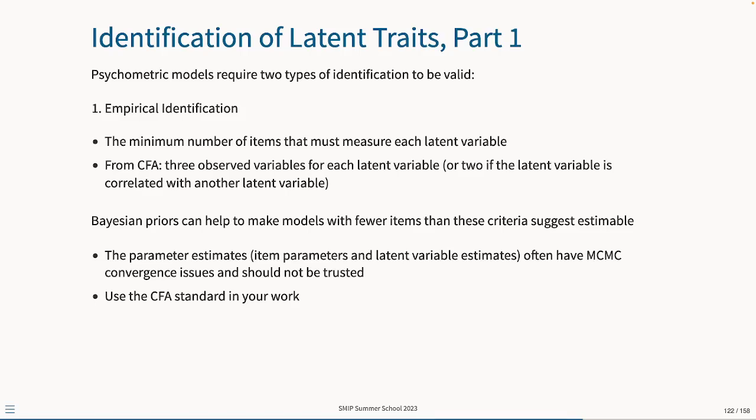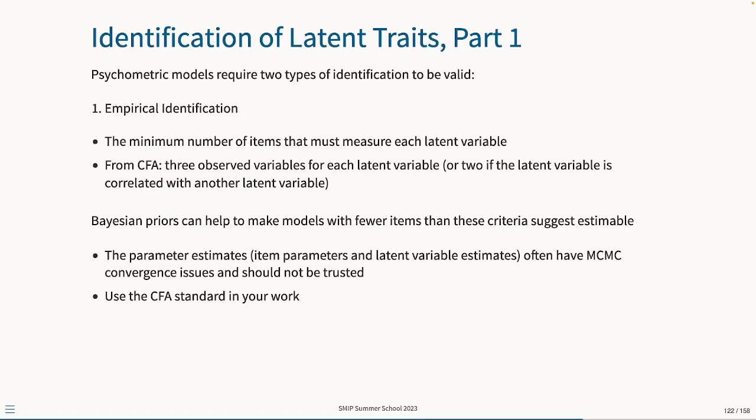Empirical identification is the minimum number of items to measure each latent variable. From confirmatory factor analysis, we're doing unidimensional models today, so we have only one trait. So we only need 3 items to identify the model in a maximum likelihood confirmatory factor analysis sense.